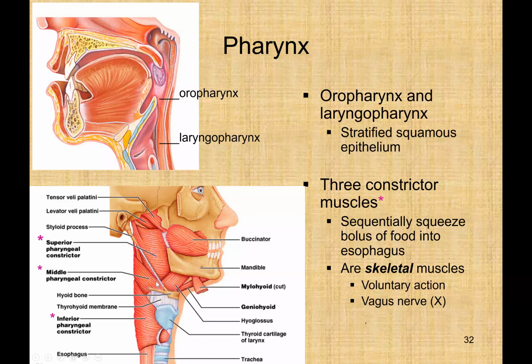They are connected to skeletal muscles, such as the superior pharyngeal constrictor, the middle pharyngeal constrictor, and the inferior pharyngeal constrictor muscle. They all constrict the pharynx. We can also talk about the mylohyoid, the geniohyoid, and these will form an aspect of the pharynx.